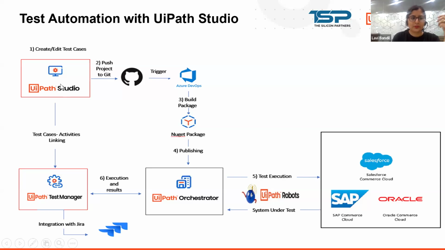In this picture we can see, if I create my test case, I can push that to Git. After pushing that to Git, we can also configure an Azure DevOps pipeline. We are not demonstrating this in this video, but you can also use the CI/CD pipeline. Whenever your test cases are pushed to Git, that pipeline gets triggered, and your CI/CD pipeline will integrate and perform.